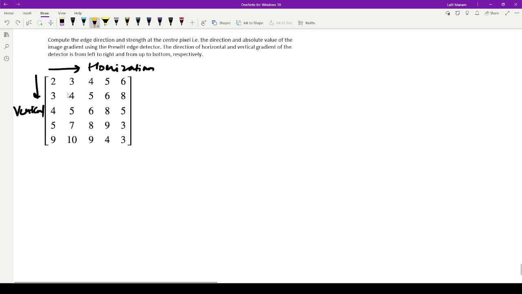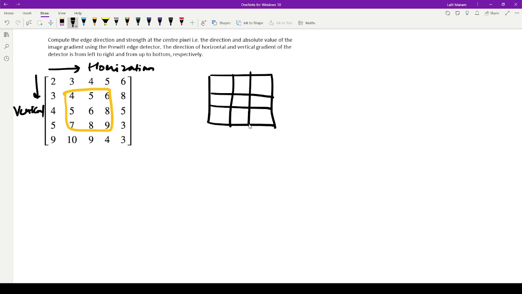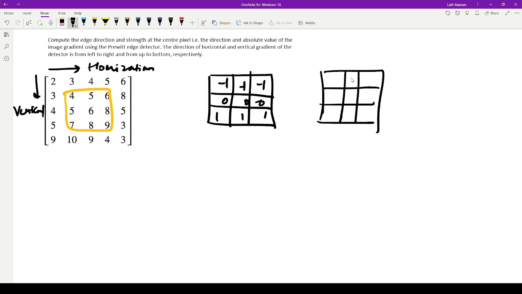Fine, right? So your filter should cover it like this. Prewitt is always a 3 cross 3 filter, so fortunately you have to deal with that here. This is the vertical Prewitt, and this will be the horizontal Prewitt, as we discussed. Given this, when you place it here, how will it look?